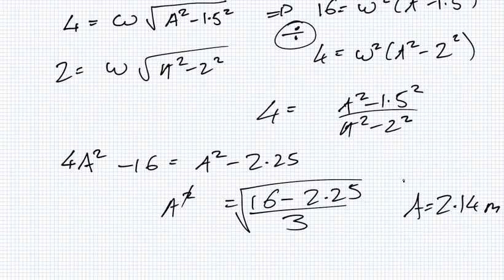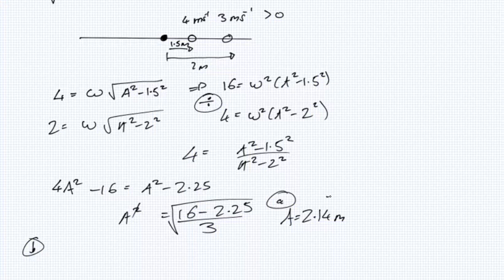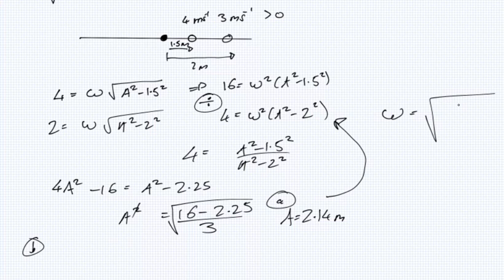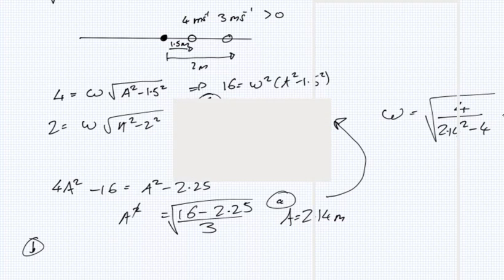What's the periodic time? Well, first we need to get the omega, then we can get the time. So if I plug that back in there, I get omega is the square root of 4 over 2.14 squared minus 4.